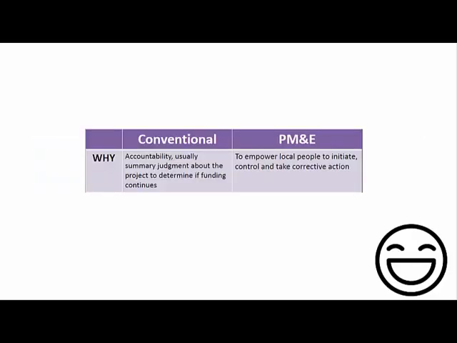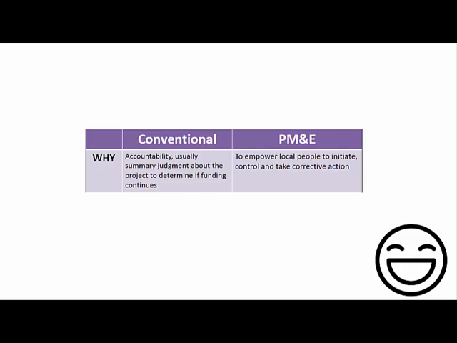With conventional M&E, when you're trying to answer the question of why, it's usually accountability, a summary judgment about the project to determine if funding continues. But with participatory M&E, it is really about empowering the local people to initiate, control, and take corrective action.